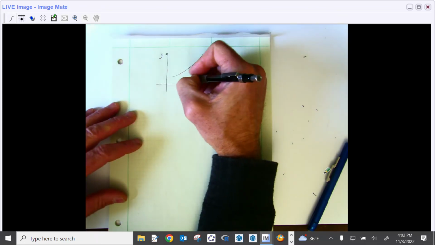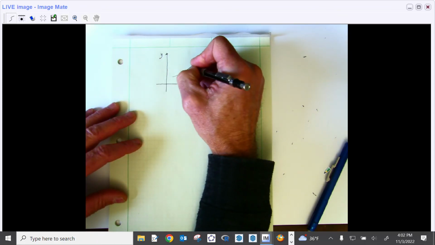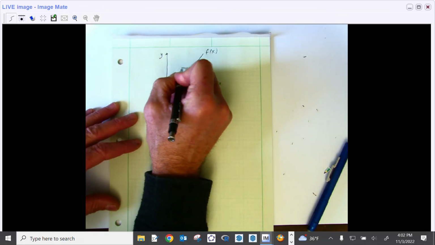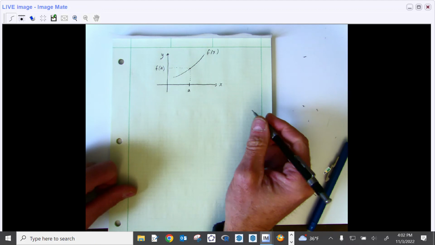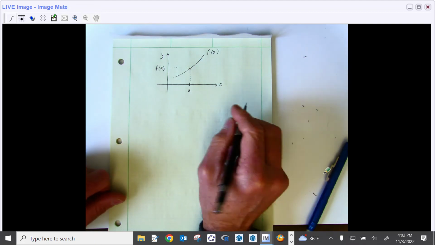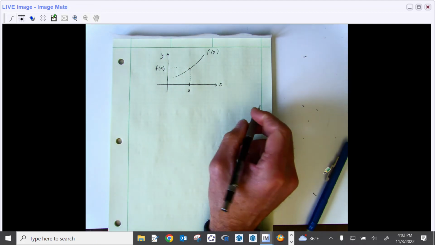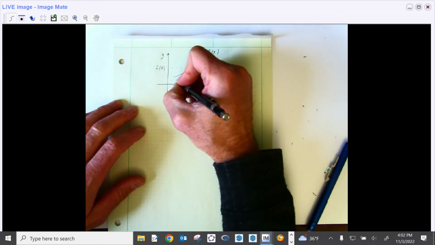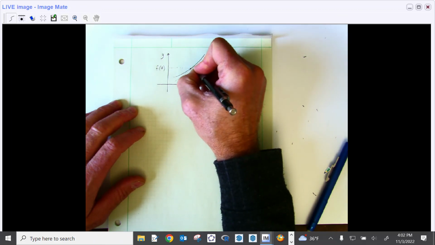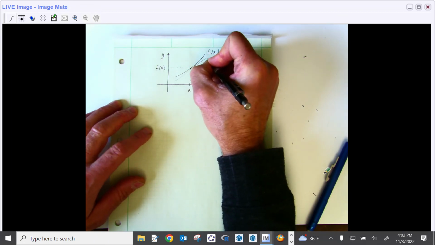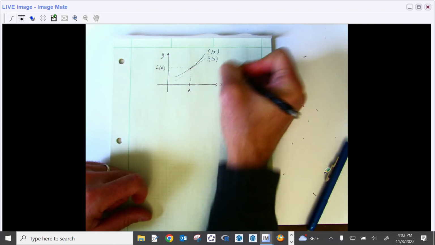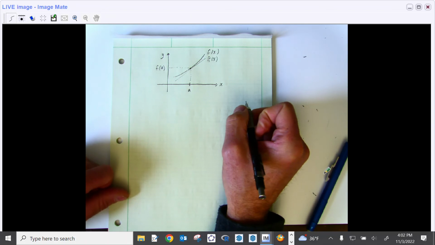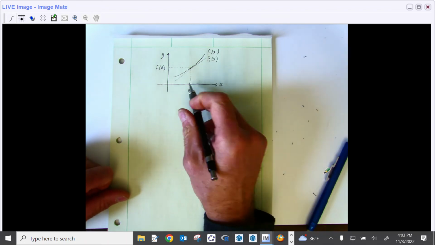At x equals a, the function evaluates to f of a. And what we're trying to do is find the linear approximation to that function at a. In other words, we're trying to find this line, which we're going to call P1(x), the first degree Taylor polynomial approximation of f of x at a.